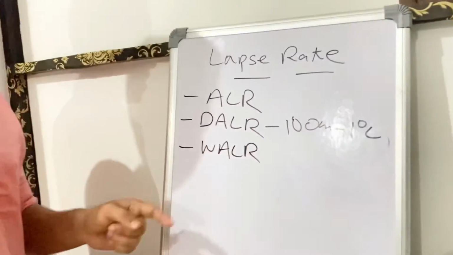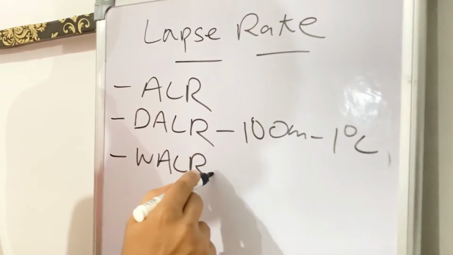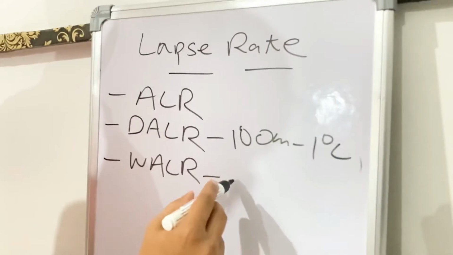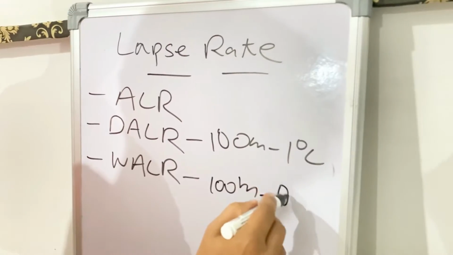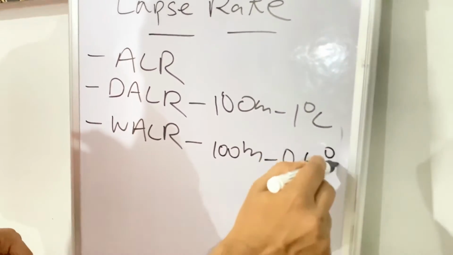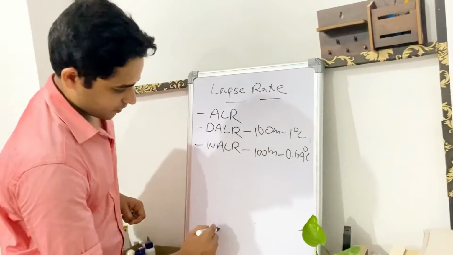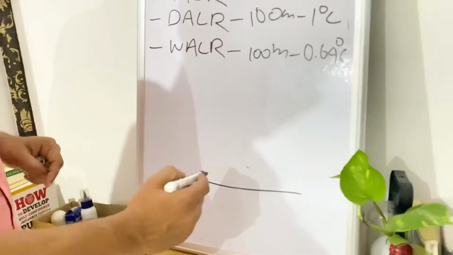Now the third one, wet adiabatic lapse rate. This is where all the confusion is arising. In wet adiabatic lapse rate, the temperature decrease for about 100 meters is about 0.64 degrees Celsius. So consider this as the land surface and we are measuring wet adiabatic lapse rate.